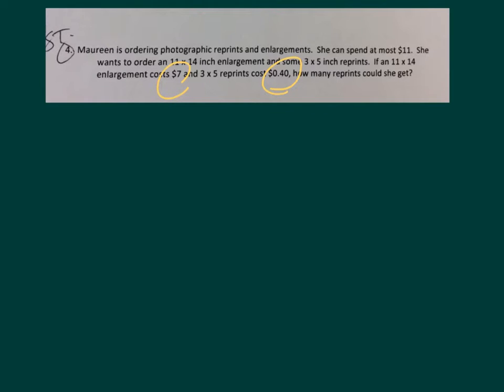Something here I don't know if you caught in the reading, she's only going to order one 11 by 14, and that's $7. So that one's a fixed cost. It's not going to change. So we need to know really how many of the 3 by 5s she's going to order. So we'll call P equal 3 by 5 prints.